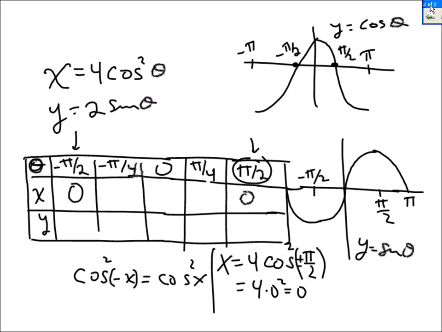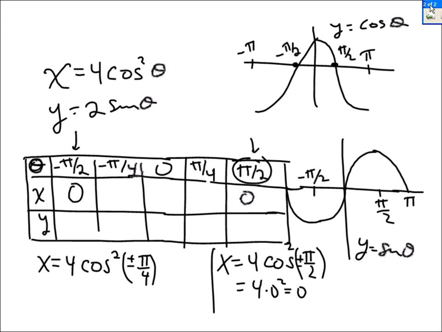Why don't we finish up with the x's? Cosine of pi over 4. x is equal to 4 times cosine squared of plus or minus pi over 4. The cosine of pi over 4, that's a 45-degree angle. 1, 1, square root of 2. Both of these angles are pi over 4. The cosine is 1 over square root of 2.